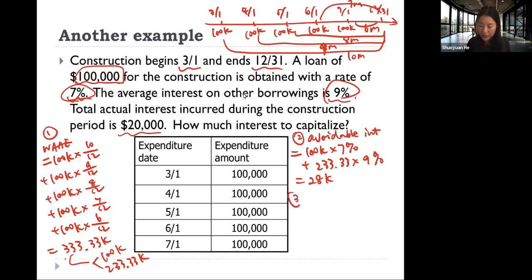And then step 3, we compare 28,000 with the actual interest of 20,000. In this situation, the avoidable interest on this project is more than our actual interest. Because our avoidable interest is bigger, we take whatever is smaller, so we can only capitalize up to our actual interest, which is 20,000.